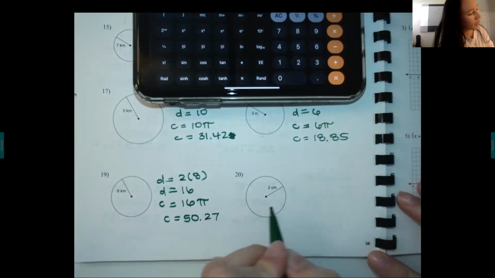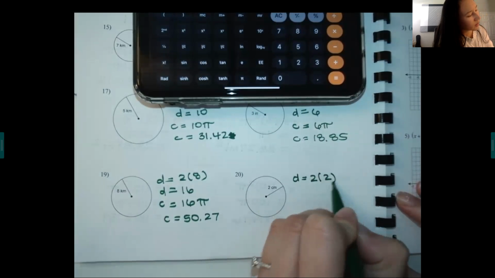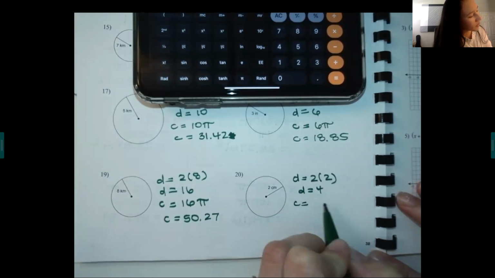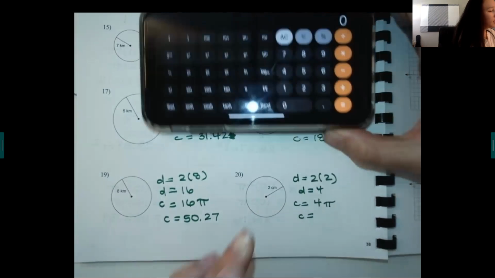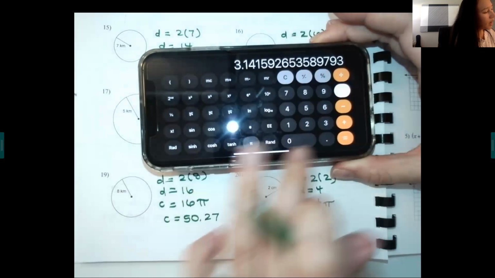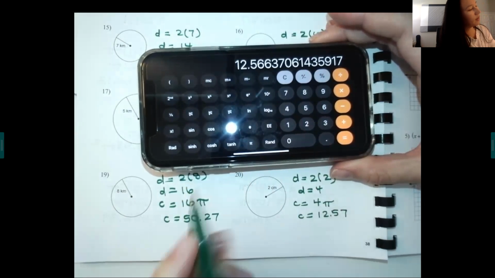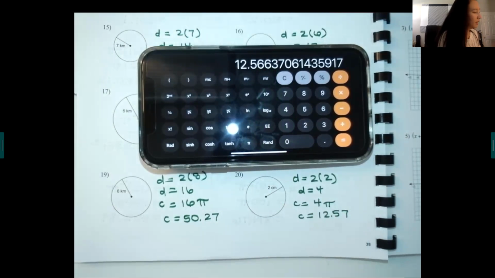And then number 20, we have the 2 times our radius, which is 2. So the diameter is 4. We plug that into our circumference, which is diameter of 4 times pi. So our circumference is 4 times pi, which is 12.57. We round up because we have a 6 after the 6, so we round up to 7.